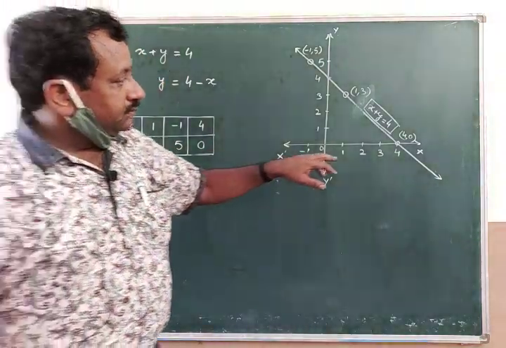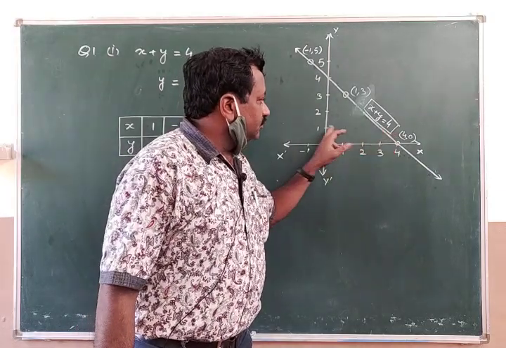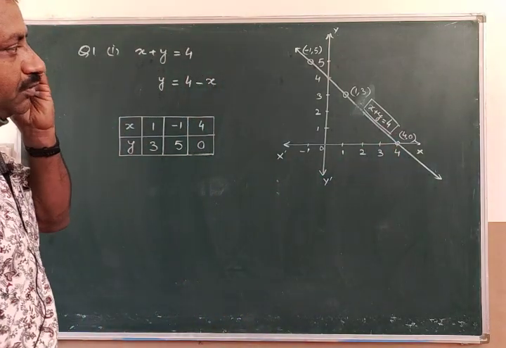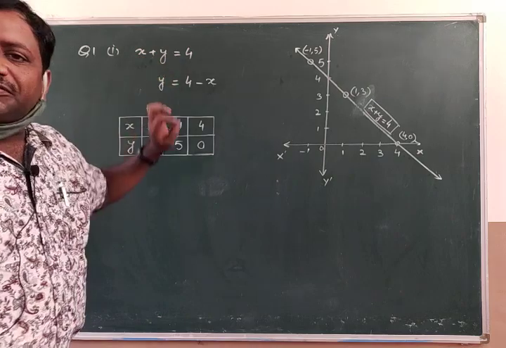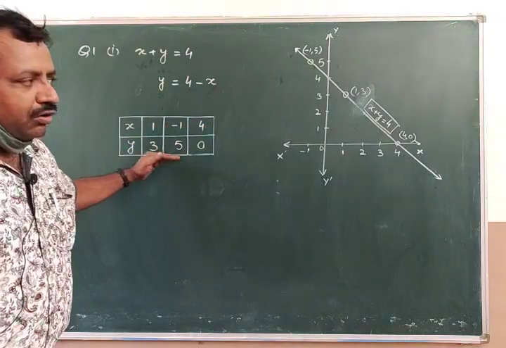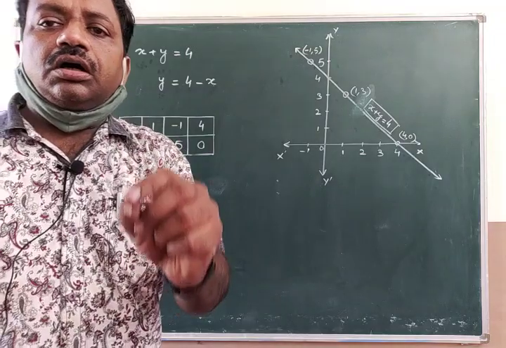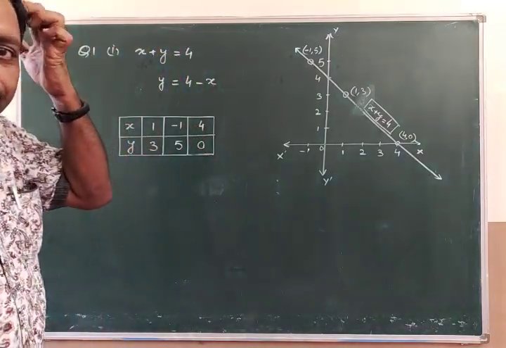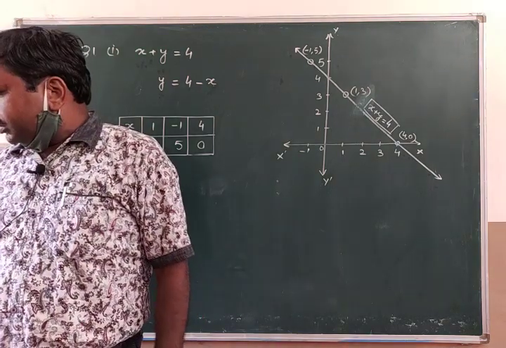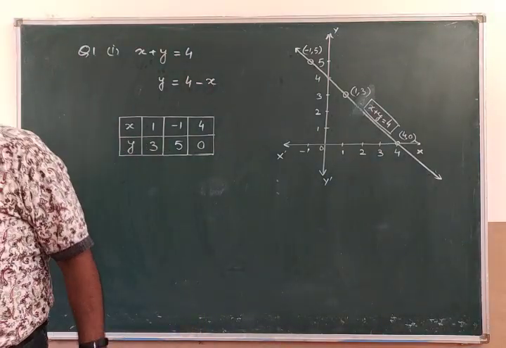It means if I take this point, 3 comma 1, and put x equal to 3, y equal to 1 in the equation, my equation will be satisfied. Whether I have taken all the points here or not, all the points which lie on this line are solutions of the equation. Remember this. So this is the way to represent a linear equation on the graph.